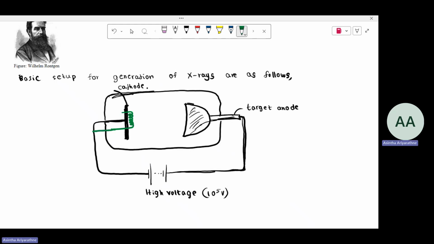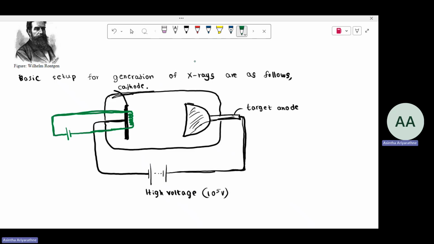And there is another circuit just to generate the electrons. Here, using this filament, the electrons are generated.